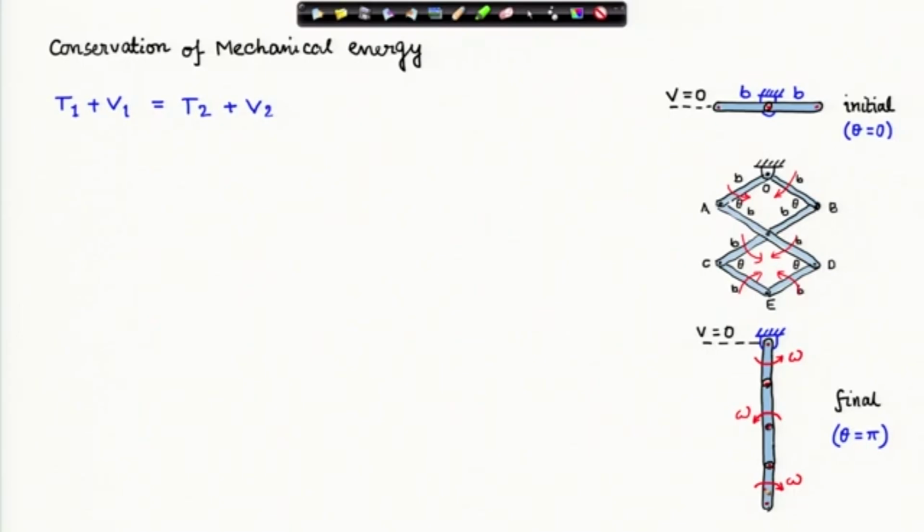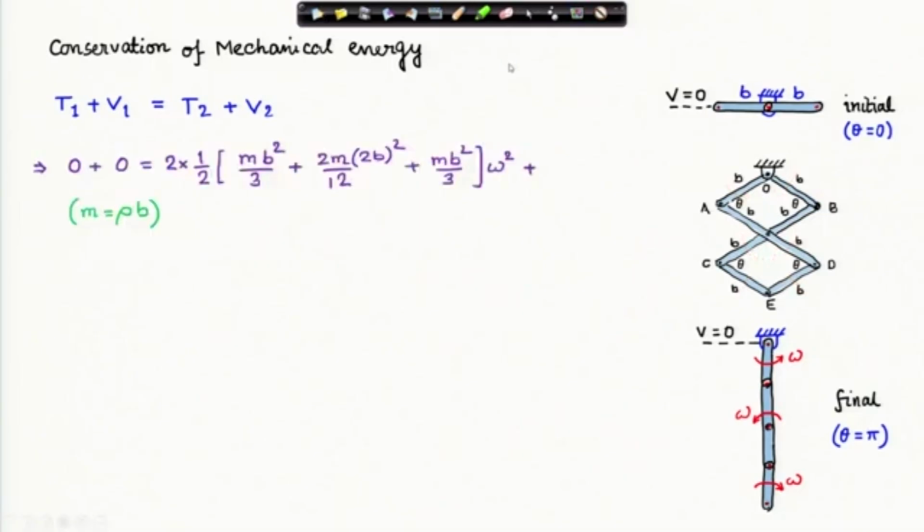Note that the potential energy datum has been taken in the initial state, coinciding with the hinge at the ceiling. The total mechanical energy at the initial state is 0 because there is no kinetic energy, and potential energy is also 0 because it coincides with the datum.